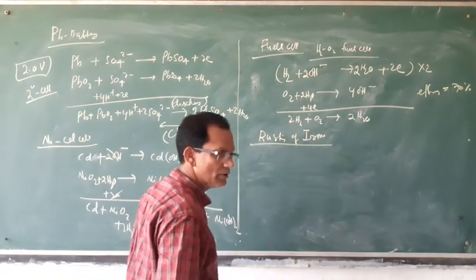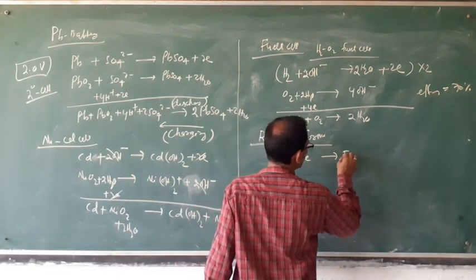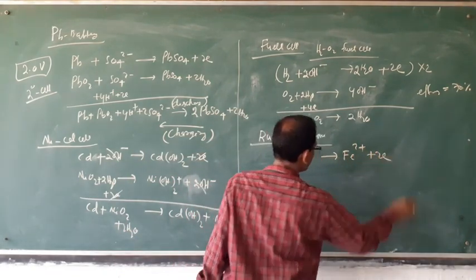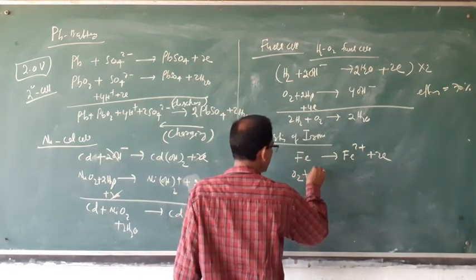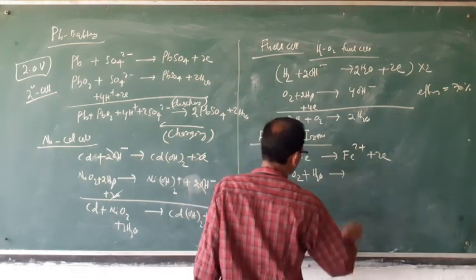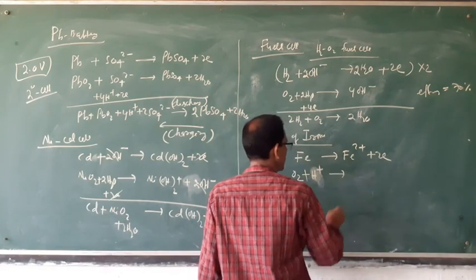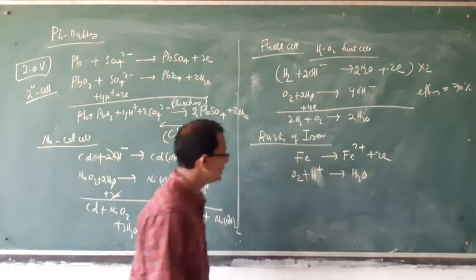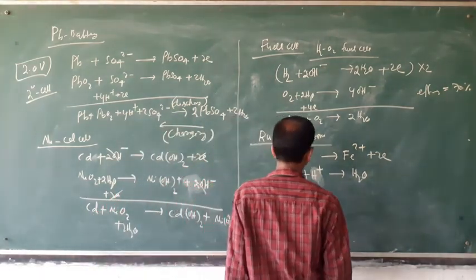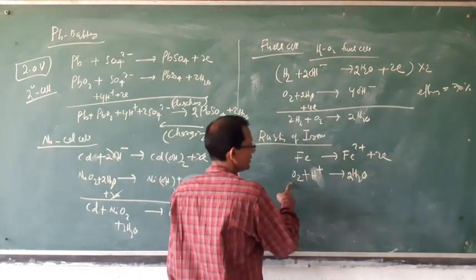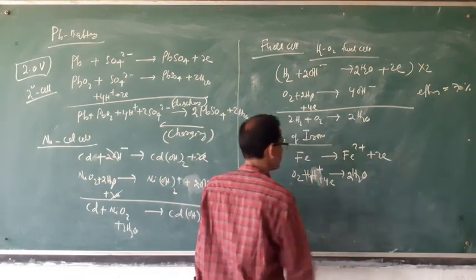Then rusting of iron. This reaction takes place over iron. In the first step, iron gets oxidized to Fe2 plus. Then oxygen in presence of H plus ion converts to water. Here you multiply by 2 to balance oxygen, then 4 H plus, so add 4 electrons.